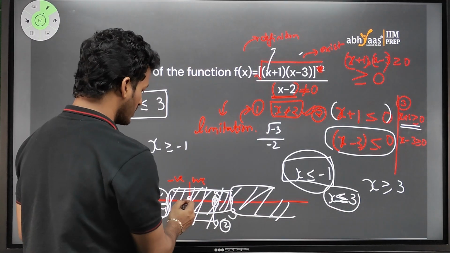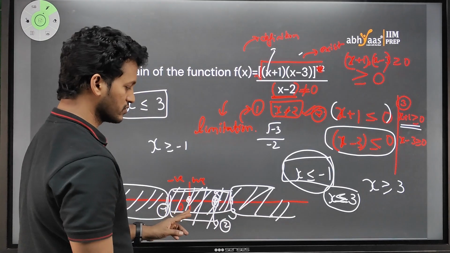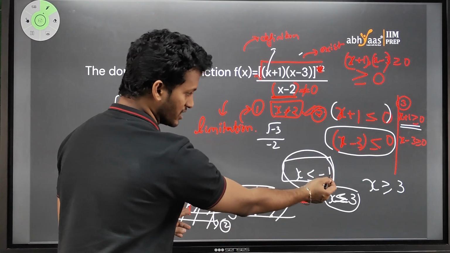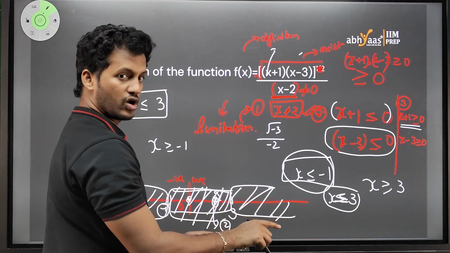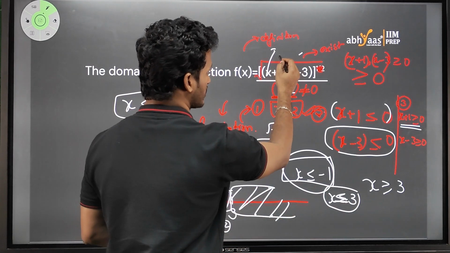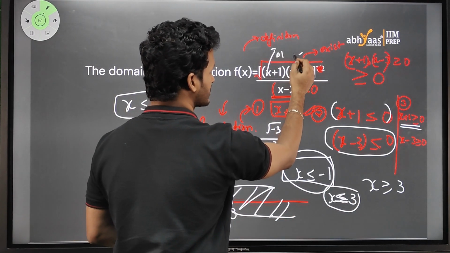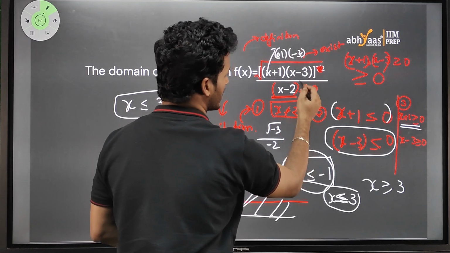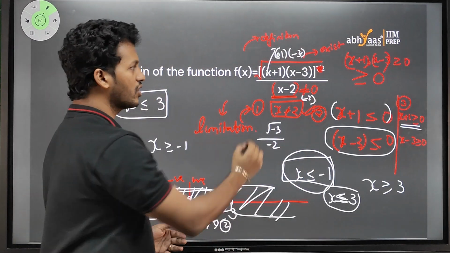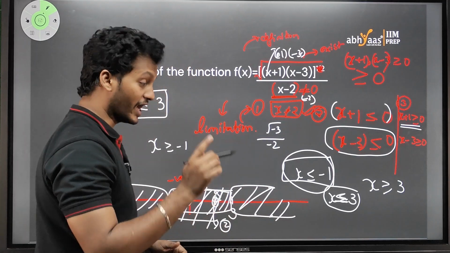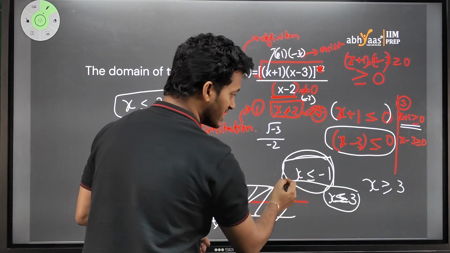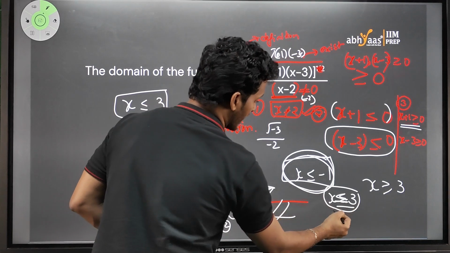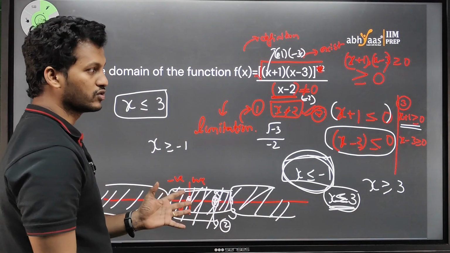Okay, that means if you take the value of 0, which is greater than minus 1 and less than or equal to 3, this will become 1 and this will become minus 3 and this will become minus 2. Is it satisfied? No, because under the root I have a negative value. That means when x is less than or equal to minus 1, in parallel it has to take other values of x less than or equal to 3.